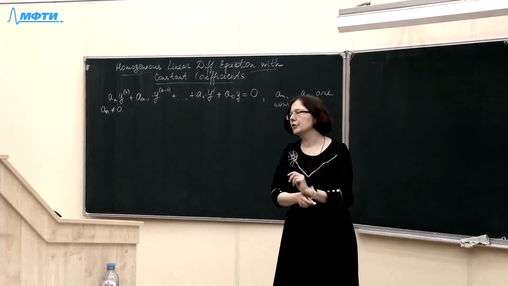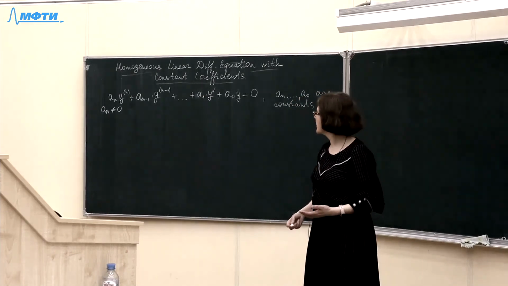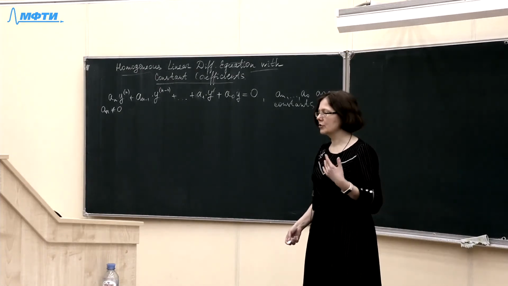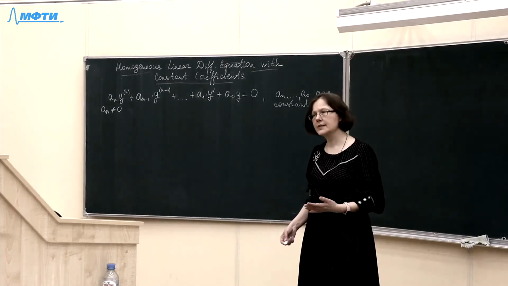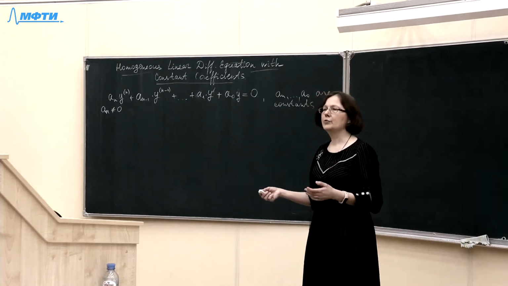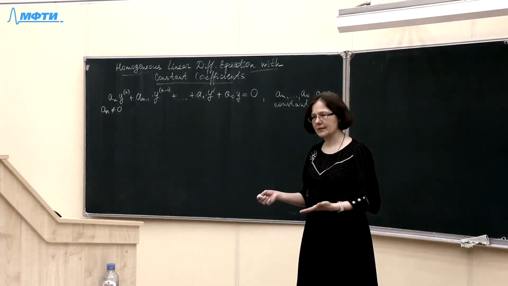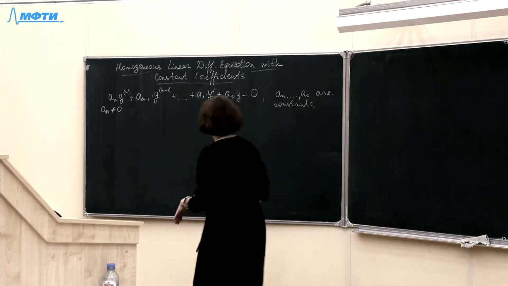And we are looking for linearly independent solutions of this homogeneous equation, and we need to find n linearly independent solutions. Then we will take a linear combination of them, and we will get the n-parameter family of solutions. Right? So we need n linearly independent solutions.